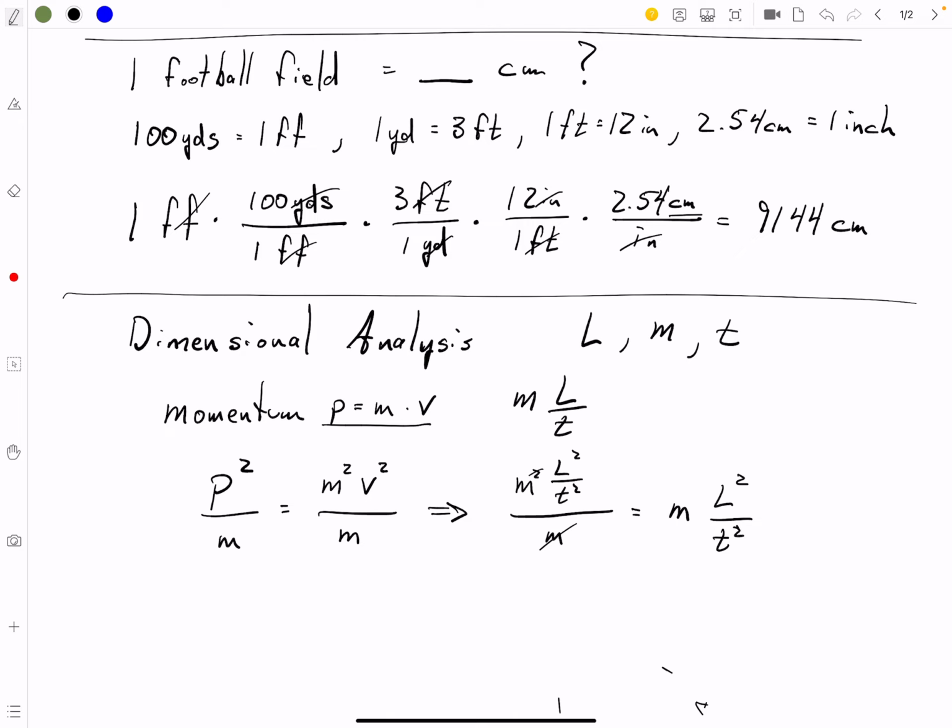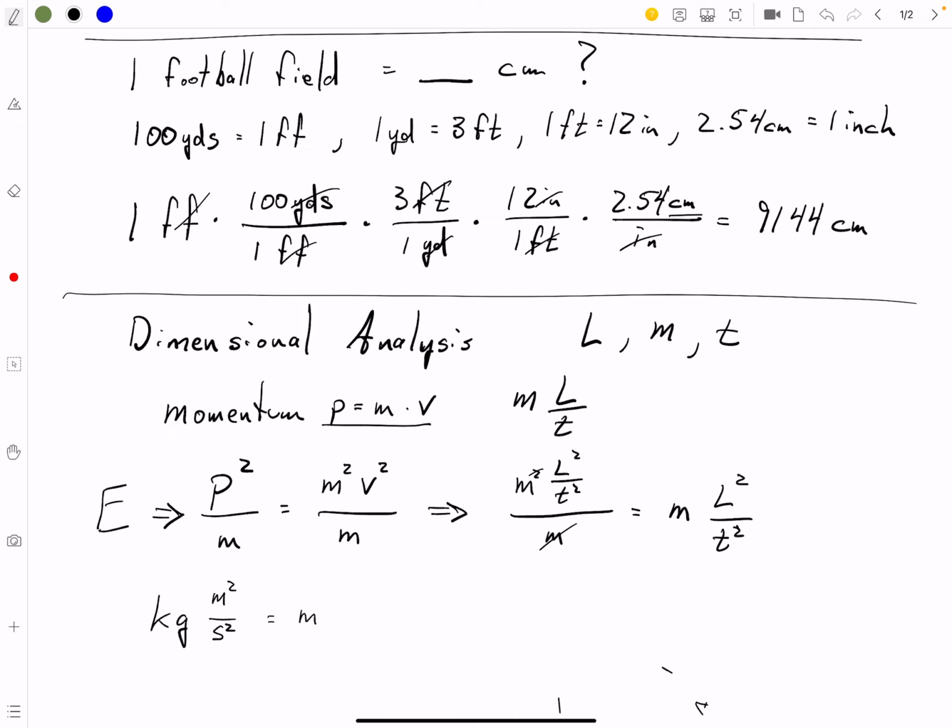Okay, what you guys don't know is this is energy. And energy is a Newton meter, which is a kilogram meter squared per second squared. And so that's really mass times length squared over time squared.